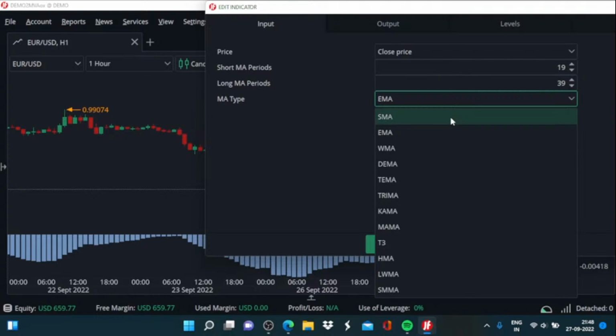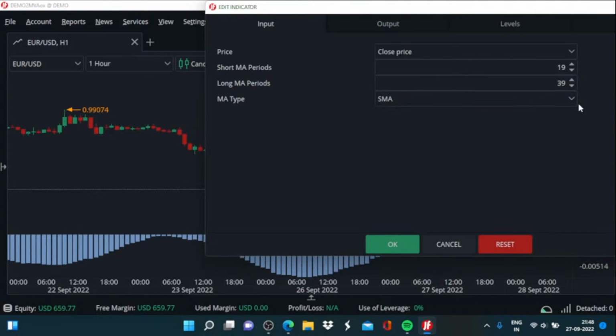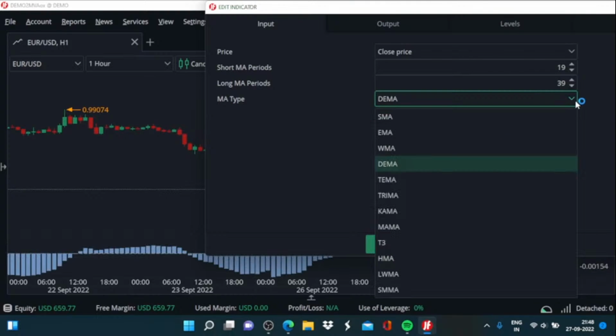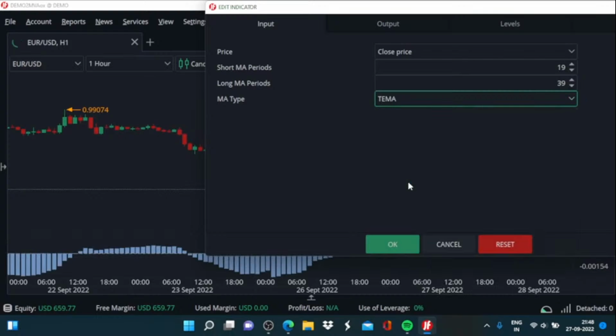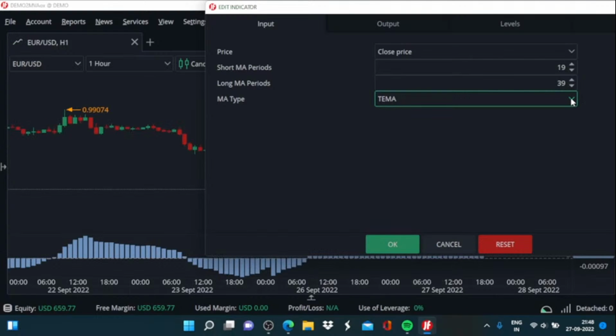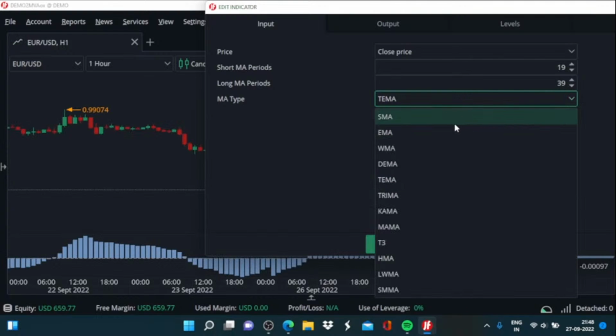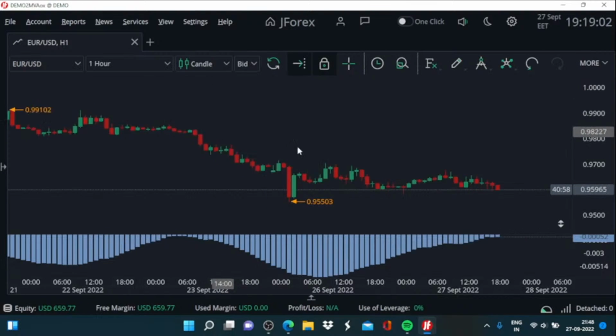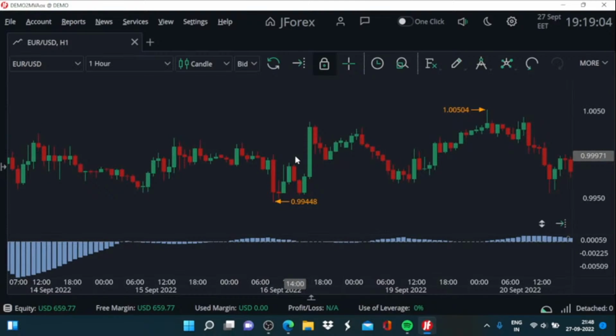Coming to the type of moving average, here also this type of moving average plays a significant role. What kind of moving average you are utilizing goes a long way in defining the type of output value for this oscillator. So let's try it one by one. If we use the SMA, then there is going to be more lag compared to what the output is going to be when we use EMA, as SMA tends to move slower compared to the EMA.